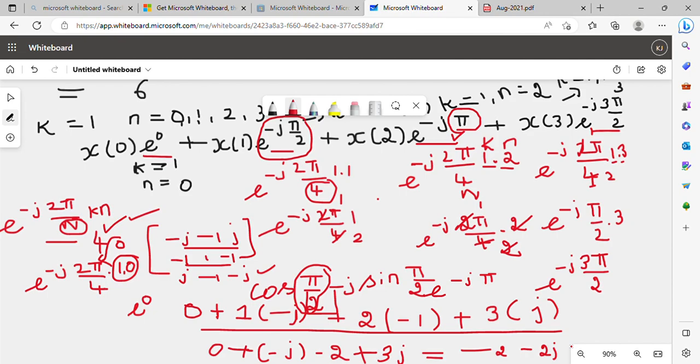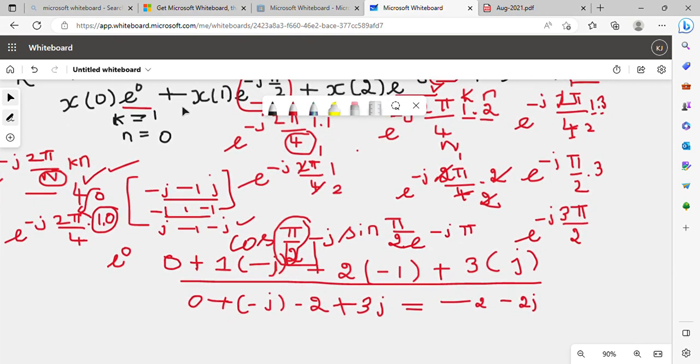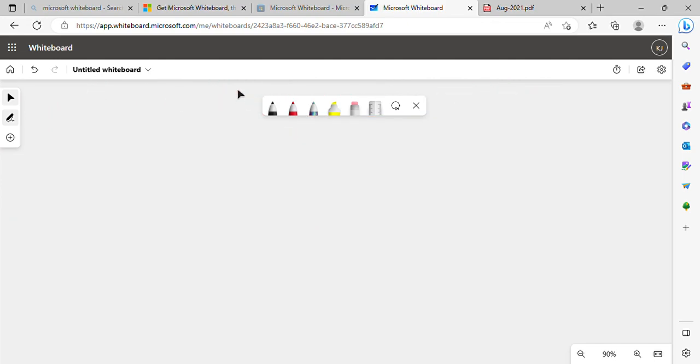For all others, I'll showcase you the resultant. For x of 3, for this particular one, you are going to get the resultant as minus 2.